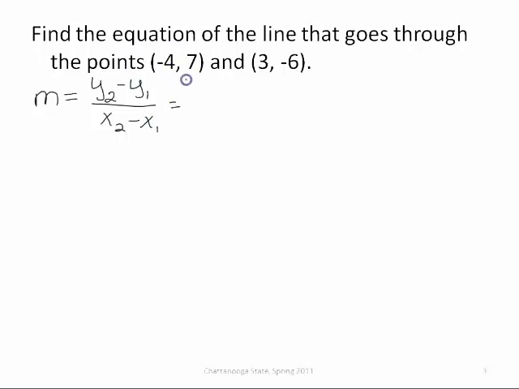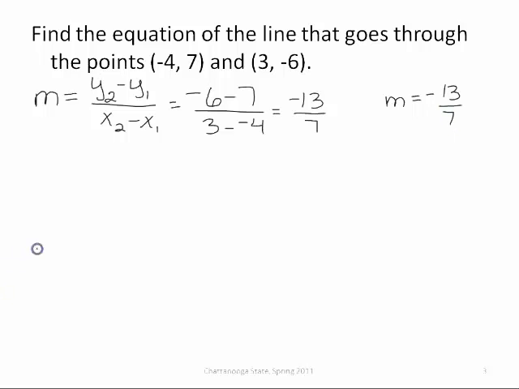If I call the (-4, 7) the first point, and the (3, -6) the second point, the numerator would have -6 minus 7, and the denominator would have 3 minus -4. So I have a -13 in the numerator and a 7 in the denominator. So my slope is -13 over 7.